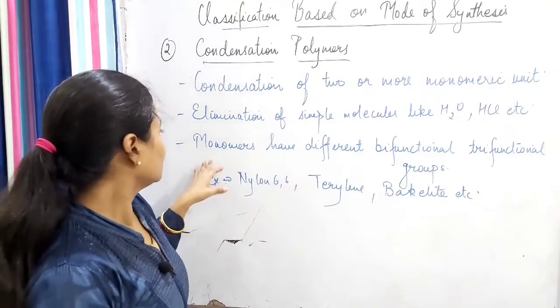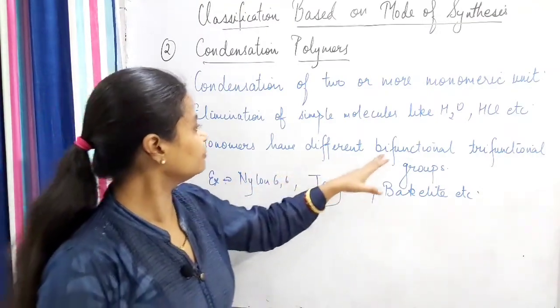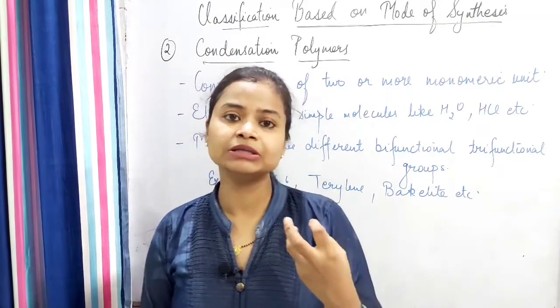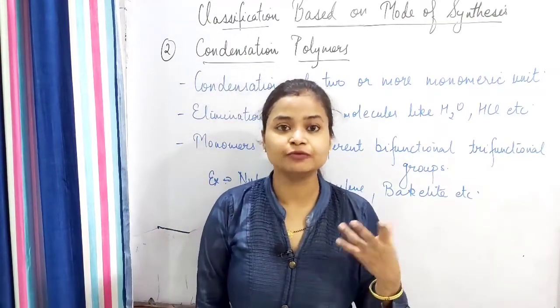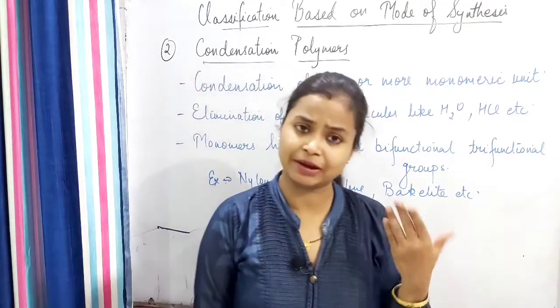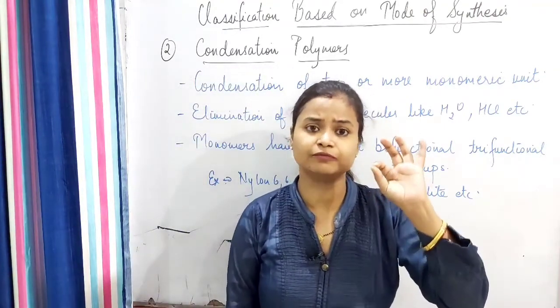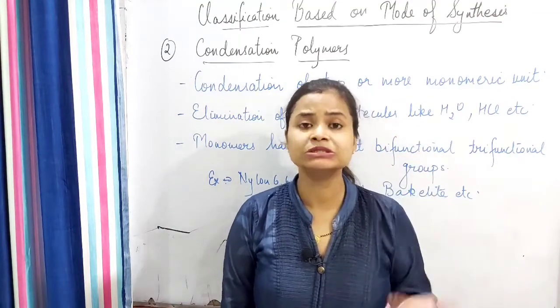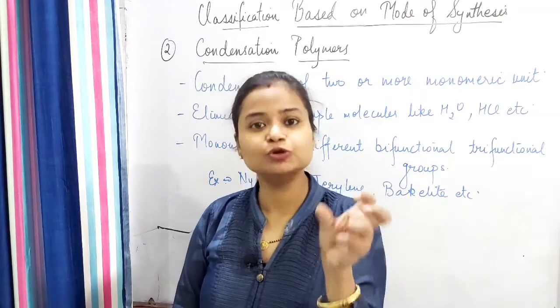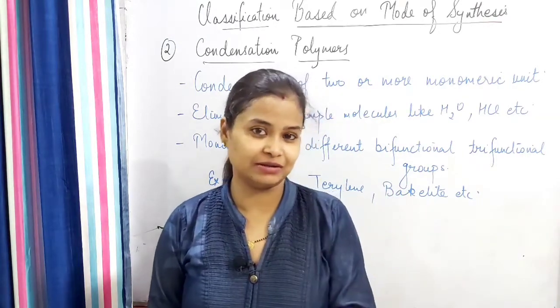Then the monomers have bifunctional or trifunctional groups. Bifunctional means the monomeric unit has two functional groups; trifunctional means three functional groups. Only when these functional groups combine do they eliminate the byproduct.